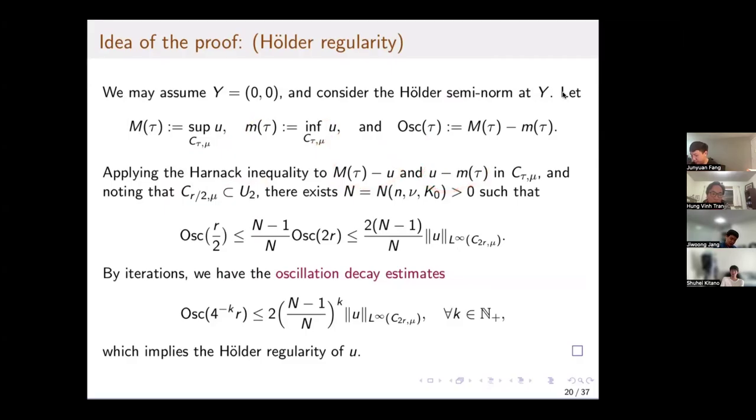Later on, by careful computation, you will have this oscillation controlled by this number. By iteration, since this is a nested cylinder, you will get the oscillation decay. You will see this is less than 1, and this term is also less than 1 for every positive integer k.